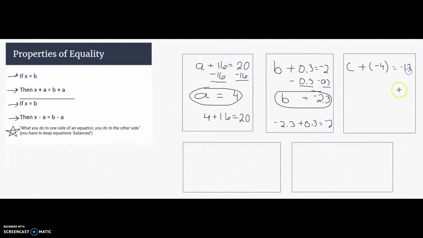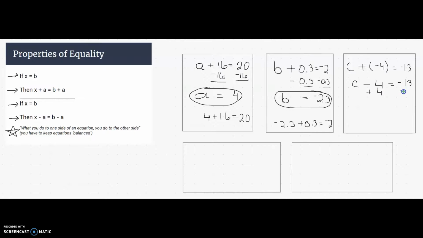Alright, so the question is, what do we do here? Well, if I say plus a negative, that would be the same thing as if I'm just flat out subtracting. That may make it a little bit easier to see what's going on here. c is being subtracted by 4. I need to do the opposite of what I see. I want to add 4 to both sides.